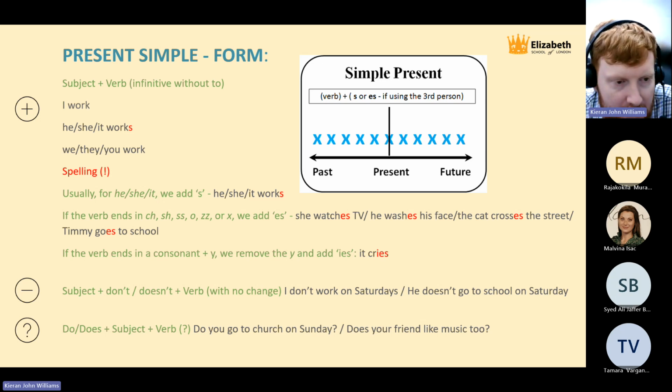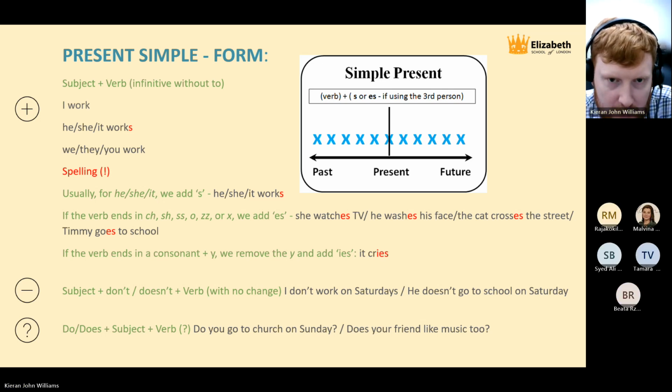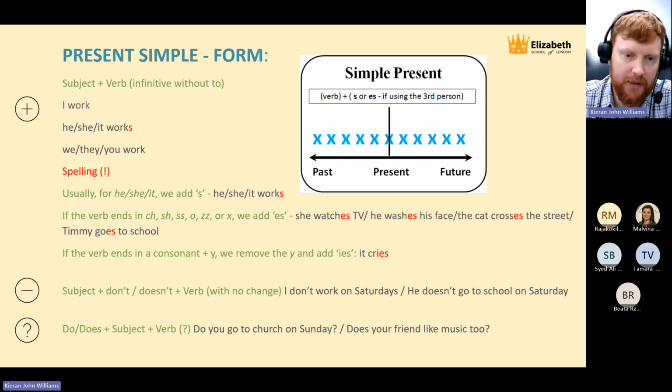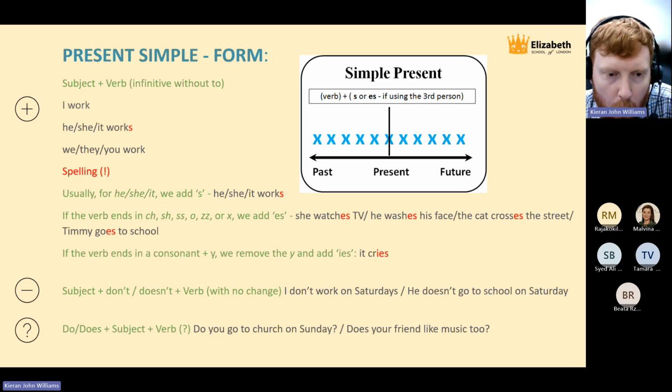So if our verb ends with the letters CH or SH, SS, O, ZZ, or X, then we add on ES. Okay, so if we have a look at our example here, we've got the verb watch. So watch ends in CH, so that means we need to add ES.